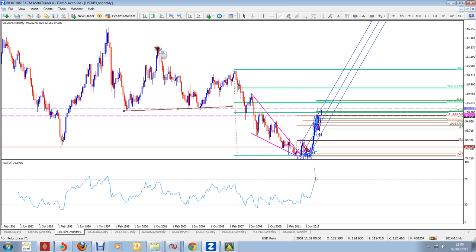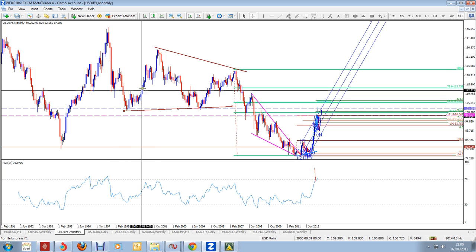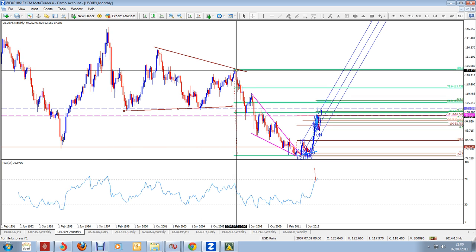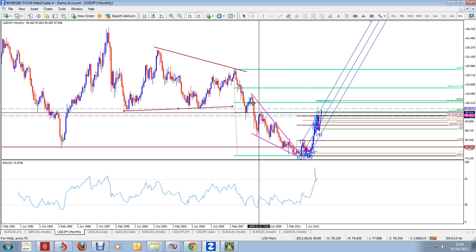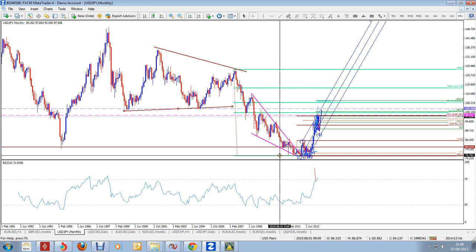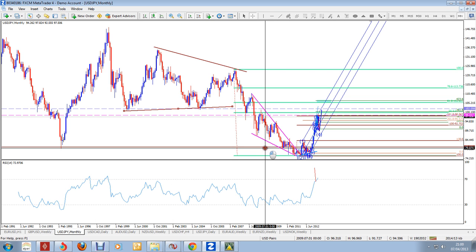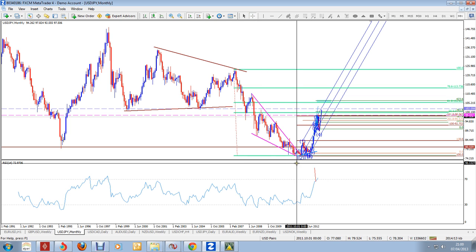Triangle. So what that means is we've got wave A, B, C, this appears to be wave B, and this is wave C, and in the wave C we've got A, B and C as a falling wedge. What that means now is all the movement to the downside for the time being is finished, finished back in 2008 where we had the low, and 2011 where we had a low.